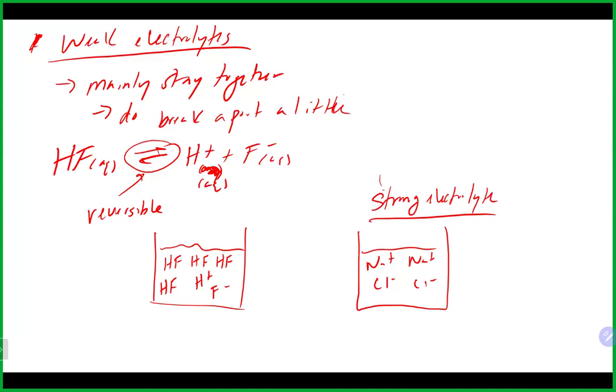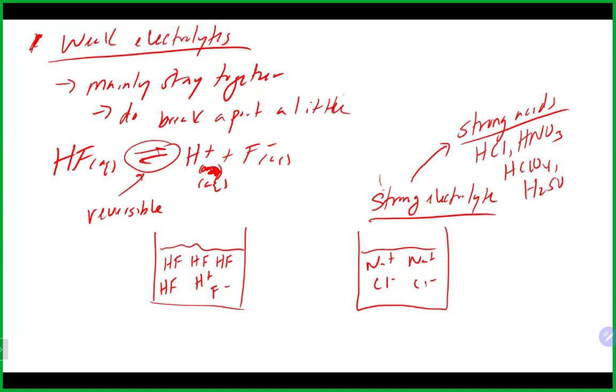Now, again, some strong electrolytes are strong acids, like HCl, HNO3, perchloric acid, sulfuric acid, hydrobromic acid, and hydroiodic acid.